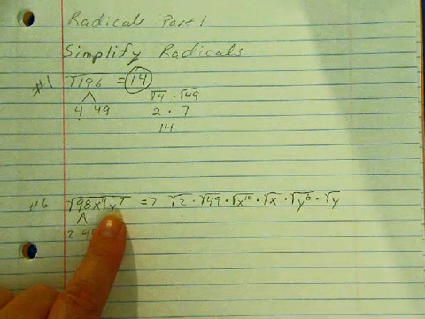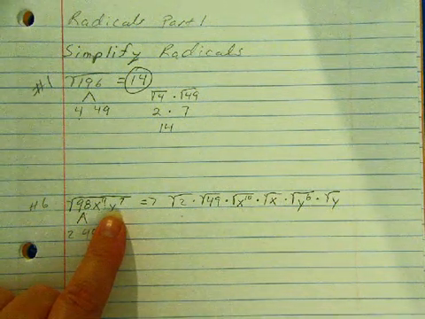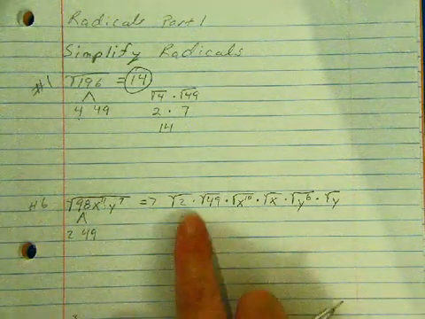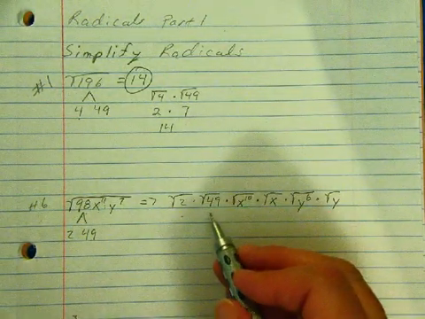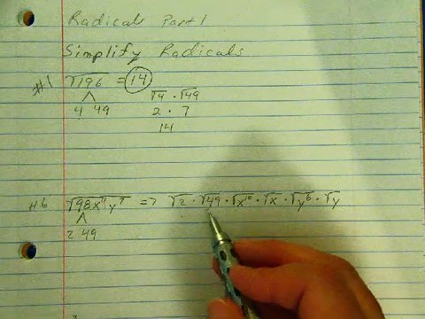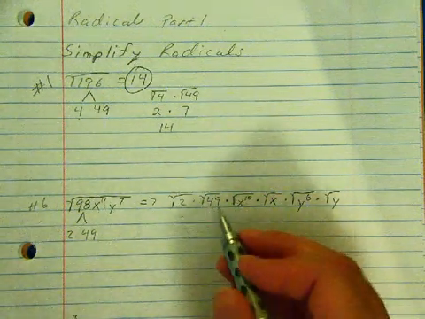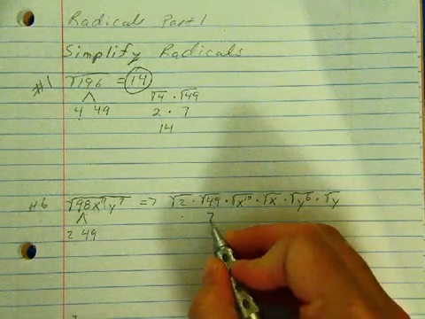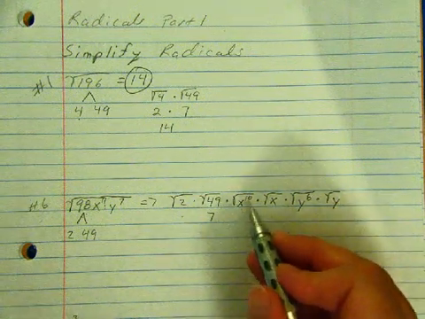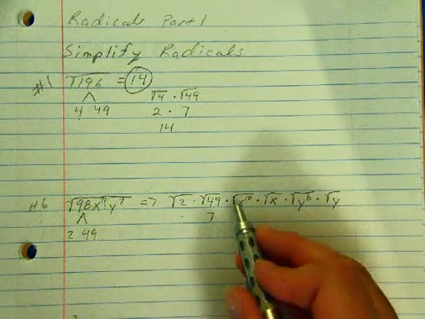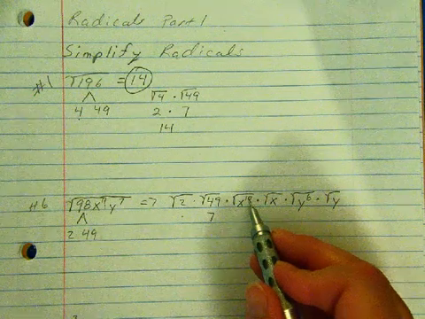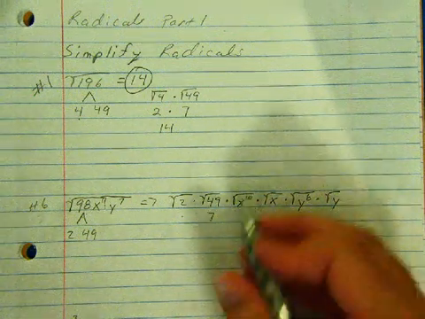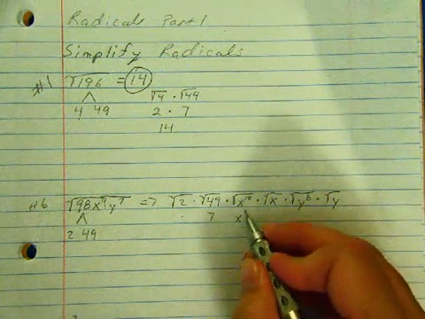So now we've broken everything apart, and we have some perfect squares here. We're going to come back and look at these, and anything that's a perfect square, we're going to go ahead and simplify. 49 becomes 7. X to the 10th: since this is square rooting, we're going to divide that exponent by 2, so this becomes x to the 5th.